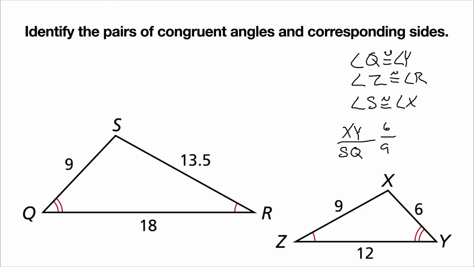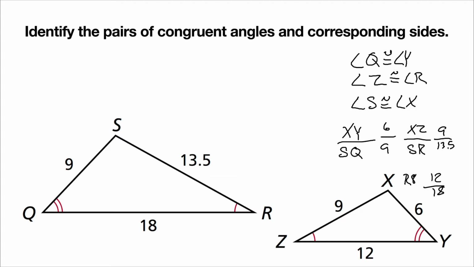Then XZ would be the same as SR. So XZ is 9 over 13.5. And then finally, we would do 12 over 18 for RQ.